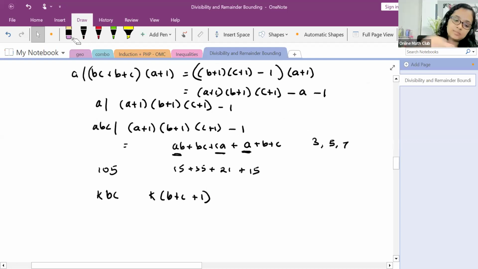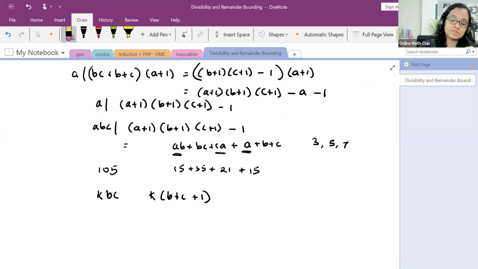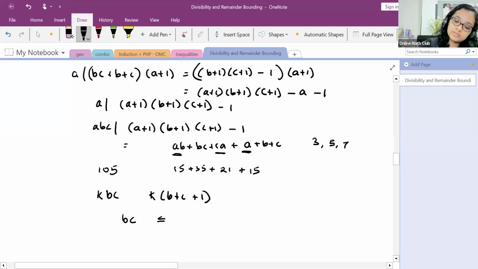So if BC is greater than B plus C plus 1, then you know that the LHS is always increasing, so it's always going to be bigger. So the only case you have is when BC is less than or equal to B plus C plus 1. Actually, it's just less than, because you already know the LHS is bigger. You just want to prevent it from getting bigger, from getting smaller.